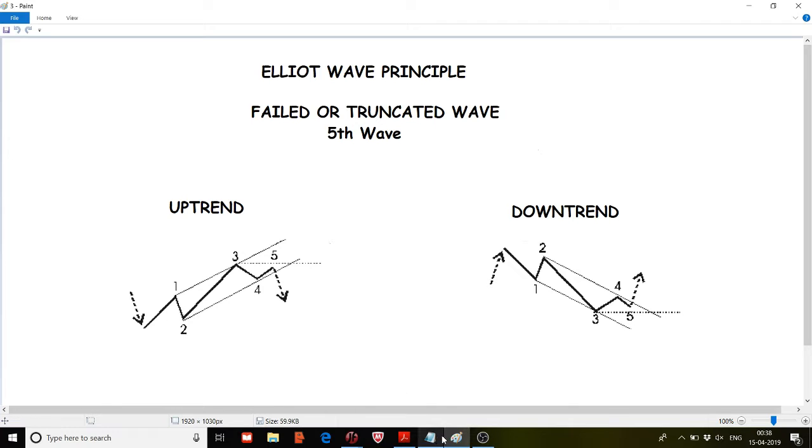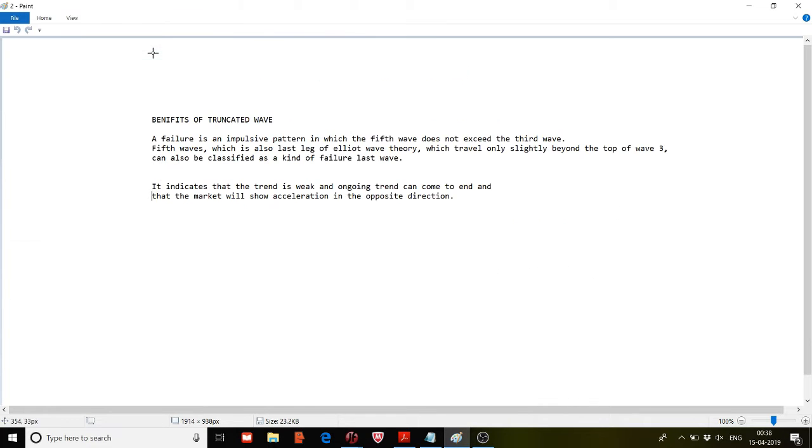First of all, you will need to keep in mind some principles which will help you easily identify the fifth wave. If you are already familiar with Elliott Wave, it consists of 5 waves, and generally wave 3 is called the extended or longest wave when we compare wave 3 with wave 1 or wave 5.